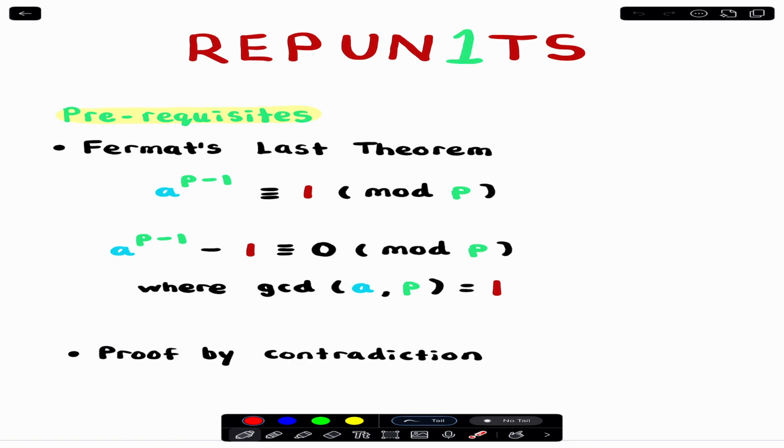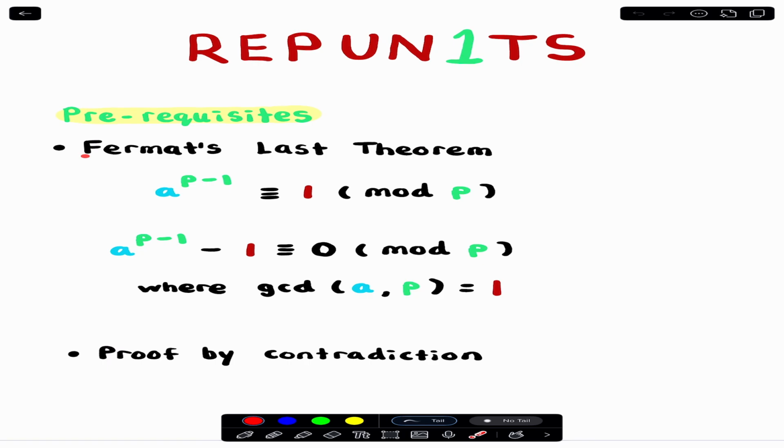But as usual, before we get into this video, there are a few prerequisites that I want you to know of. The first being Fermat's little theorem. If you're not familiar with it, I would recommend first reviewing that before coming to this video.